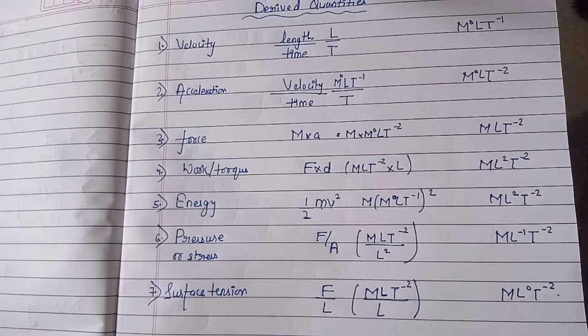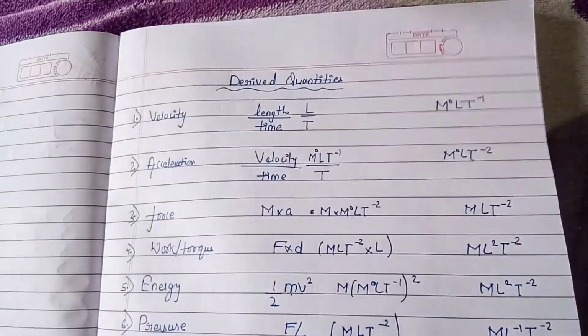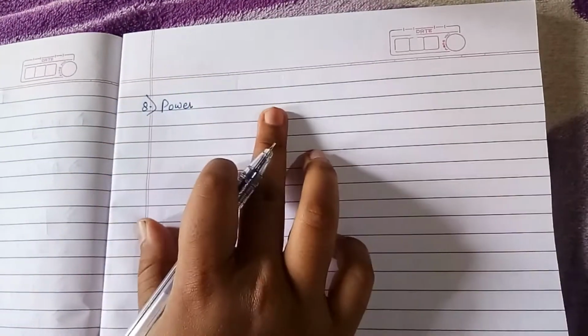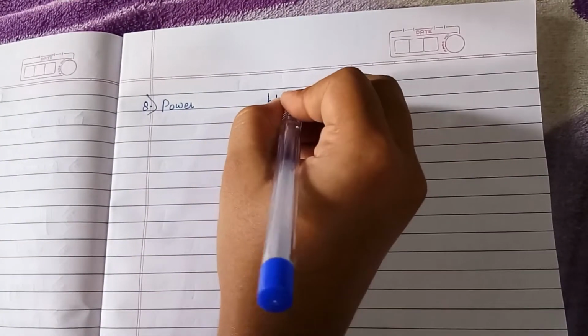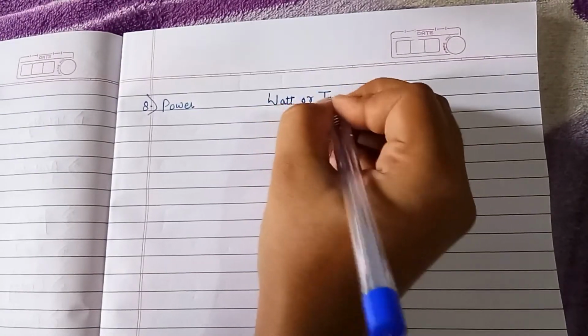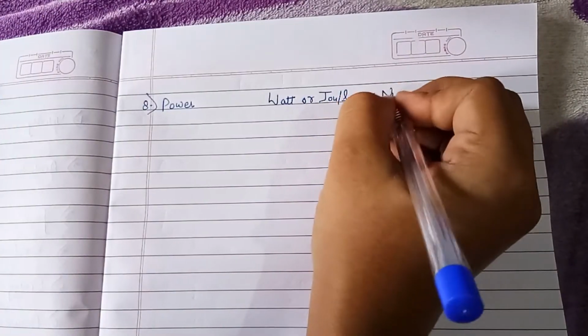Next we will see the eighth quantity, that is power. What is the unit of power? Power has the unit of watt. Watt is equal to joule per second. And joule is equal to Newton meter.